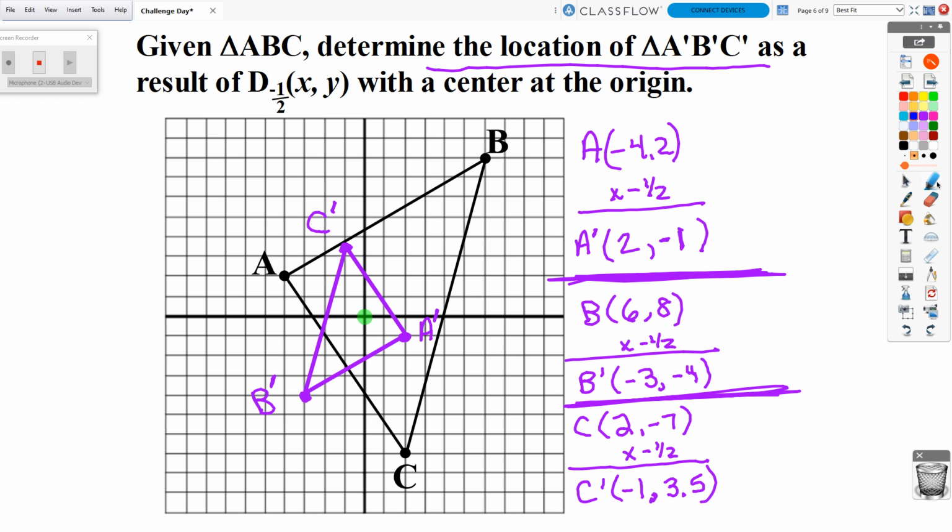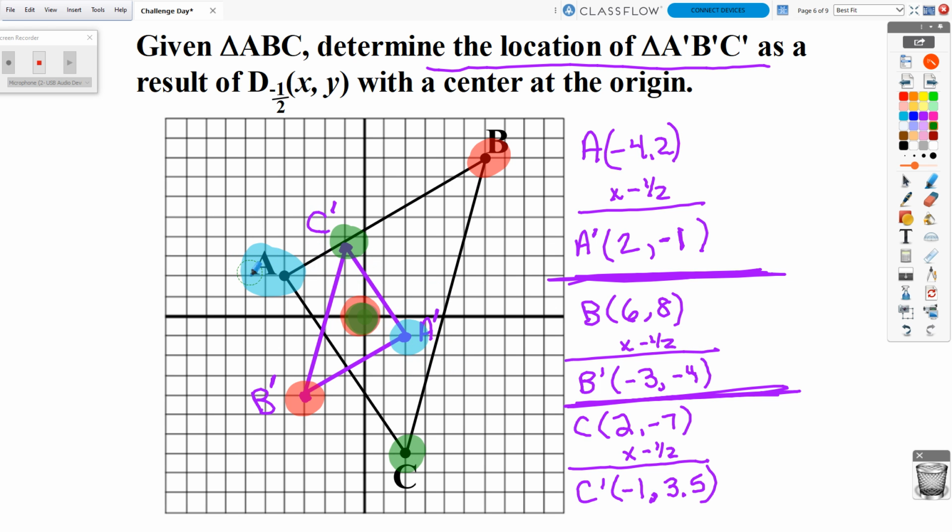And so here's where I want you just to look. Let's look at A, and here's A prime, and here's the center. And here's B, B prime, and the center. And C, C prime, and the center. Notice that the image coordinates, A prime, B prime, and C prime, are always exactly on the opposite side of the center.